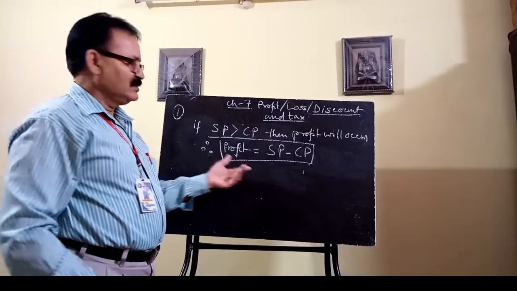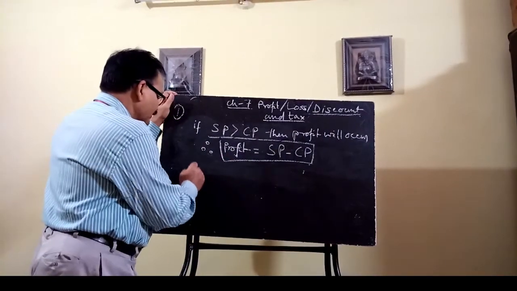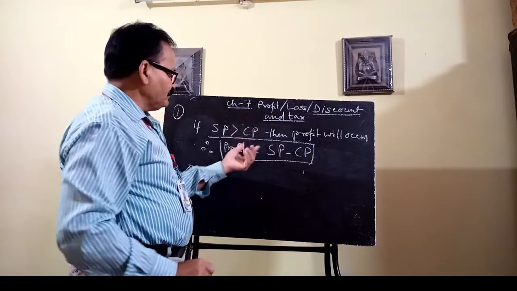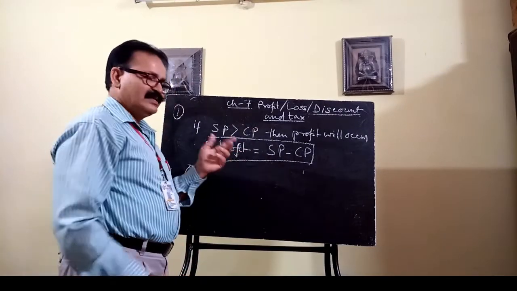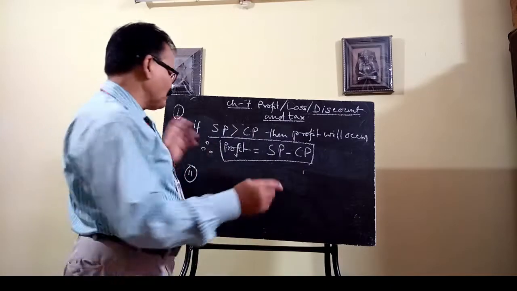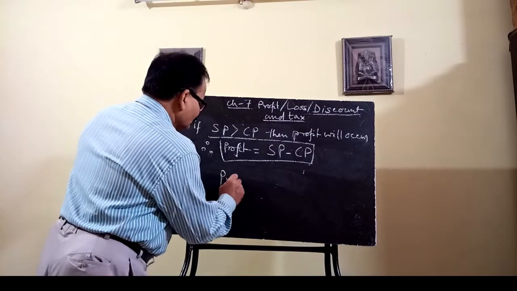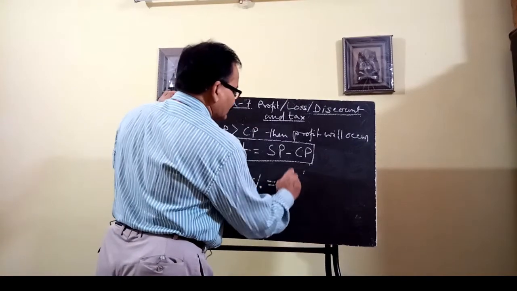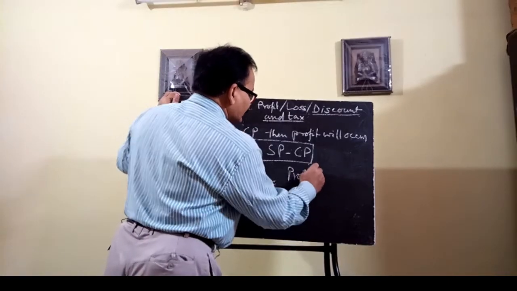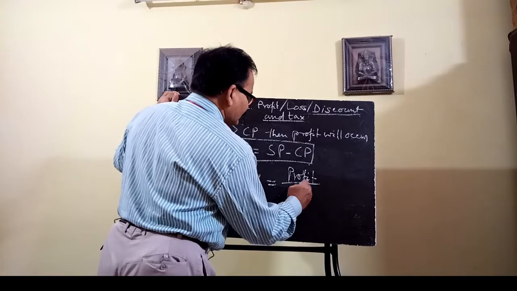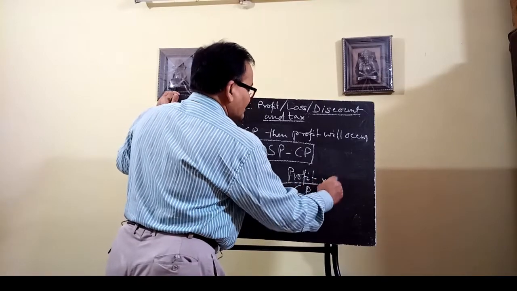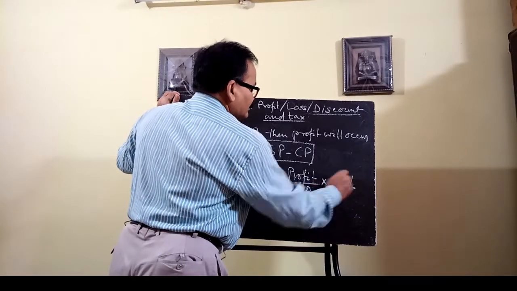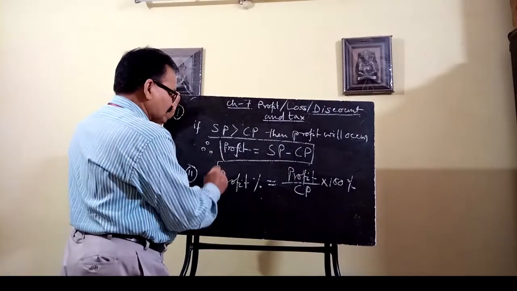This is your formula 1. Now formula 2: if you have calculated the profit and your question is to find the profit percent, then profit is to be written in the numerator, the denominator is CP, into 100, then put a percentage sign.